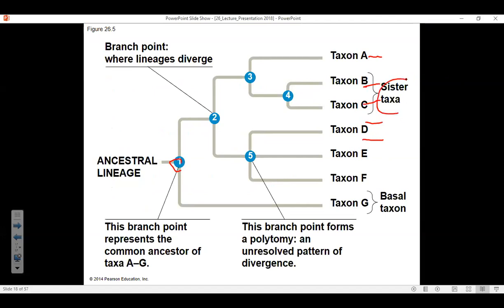If they're real close to each other, like taxon B and C, see how they branched off pretty recently from each other? Those are called sister taxa. That means they're more closely related. Then you can have a basal taxon, which means this one is off all by itself. It evolved way before the rest of them and was still going strong.